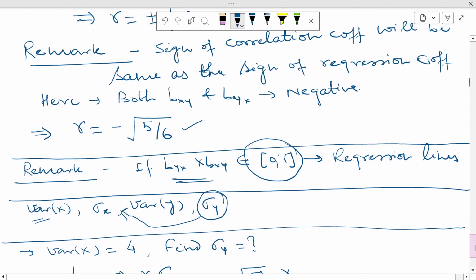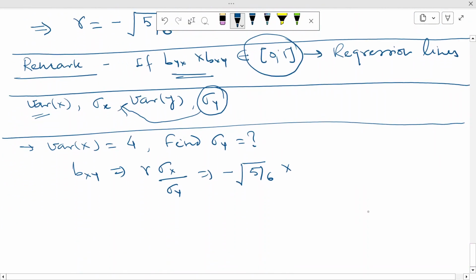Sigma x is given because we are given the variance, so sigma x is the positive root of the variance of x, which comes out to 2. So sigma x is 2, and we divide this by sigma y because we do not have the value of sigma y.